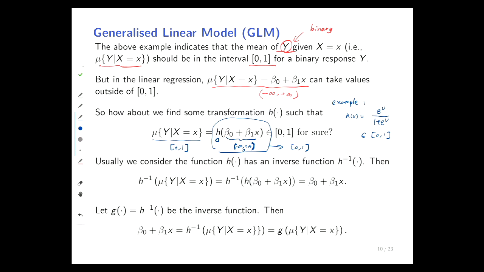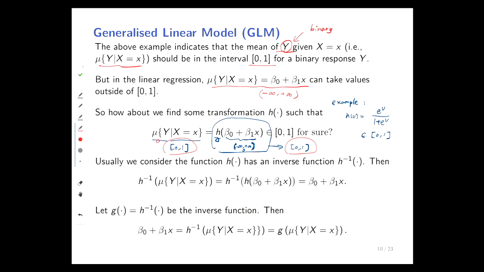So we can use some function to force the right side of this equation within 0 and 1. And in that case, we will have a match for the mean of response and the regression equation. So that's the idea for this generalized linear modeling.